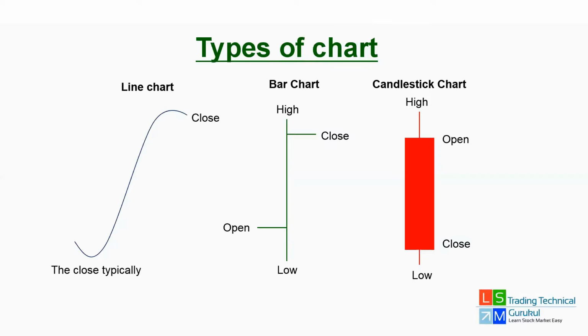Another kind is the point and figure chart, which was used before 1980, and right now people basically use candlesticks. There are also charts like the renko chart and Heikin-Ashi, but their use is very basic in the market, and that is an amateur kind of chart, you can say.